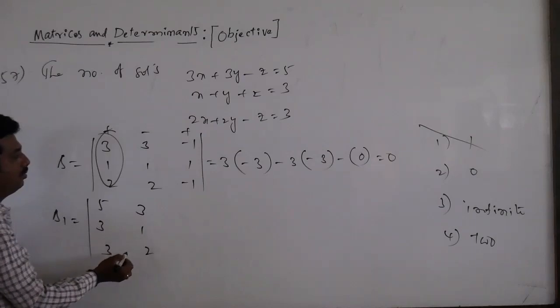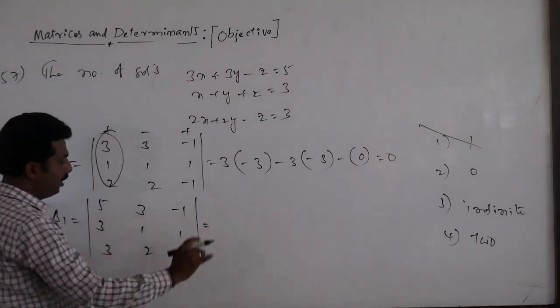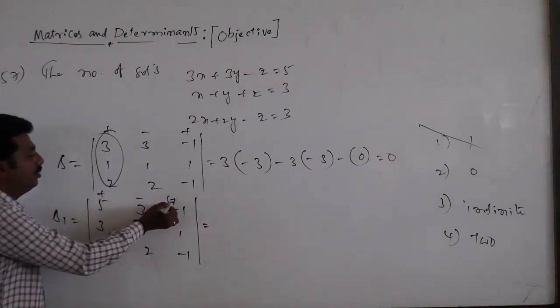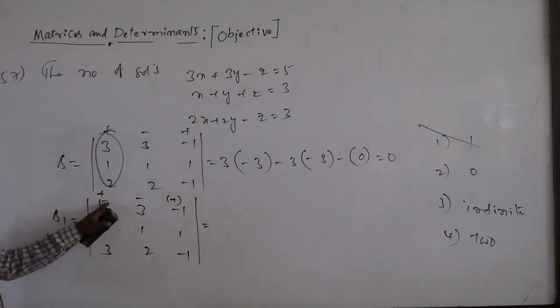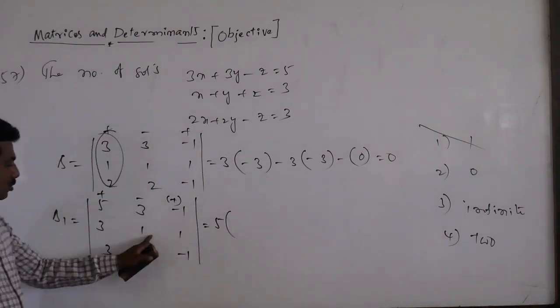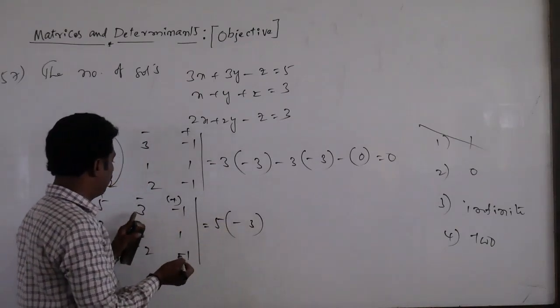So the rows are 5, 3, minus 1; 3, 1, 1; 3, 2, minus 1. Again we expand according to the first row. 5 into, minus 1, minus 2, minus 3.